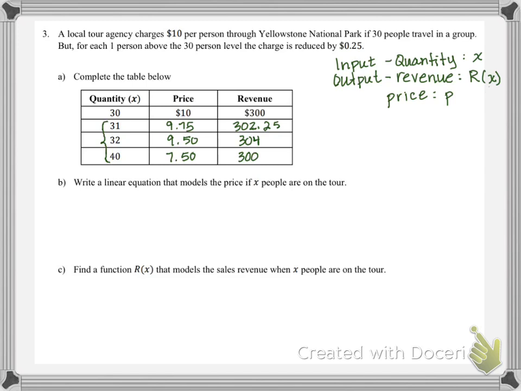I want to write a linear equation that models the price if X people are on the tour. So I'm looking for a relationship between quantity and price. If the equation models the price, that tells me that the price is like my Y value. So I'm going to write ordered pairs that are quantity, price.